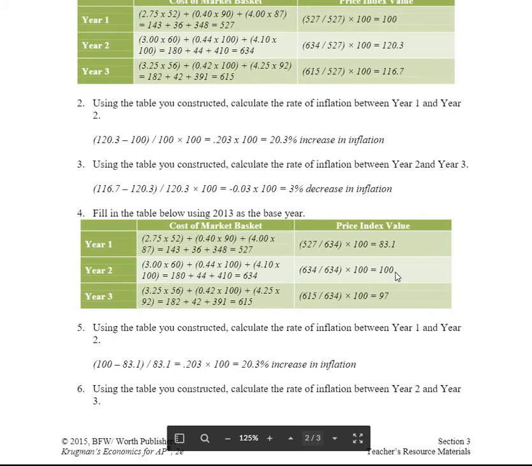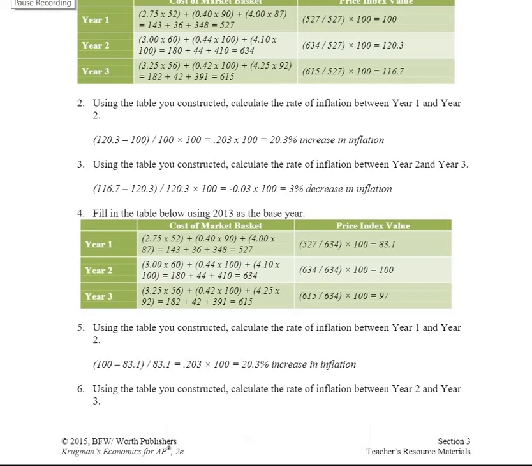So you do 100, because that's year 2, minus 83.1, divided by 83.1. It gives you 0.203. Multiply that by 100, and you get a 20.3% increase in inflation.